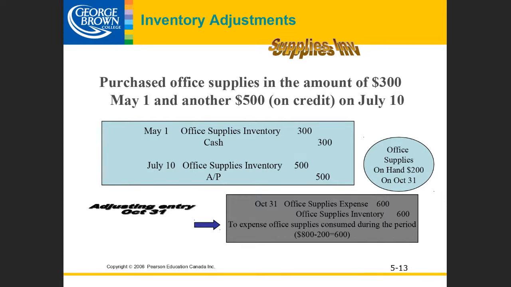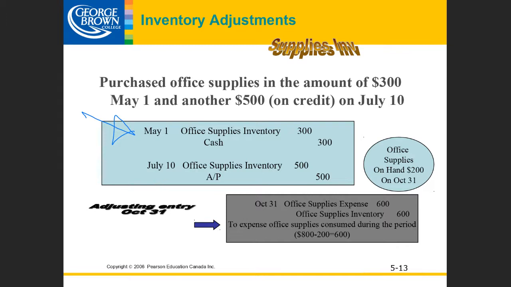Typically, you have to do an inventory to figure out the amount of product you don't have anymore, and you have to adjust it and do some calculations to figure out the used portion. So let's say on May 1st, we purchased some supplies inventory, we'll call it operational supplies, for $300 cash.